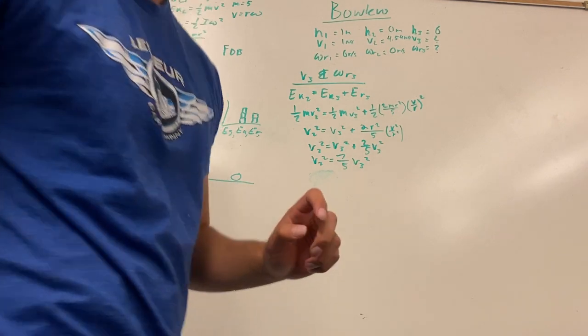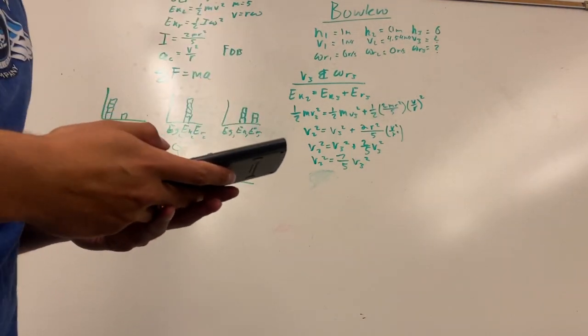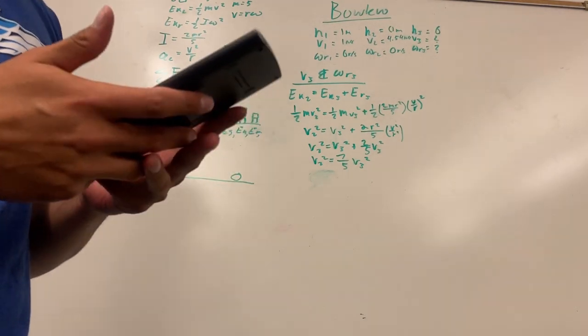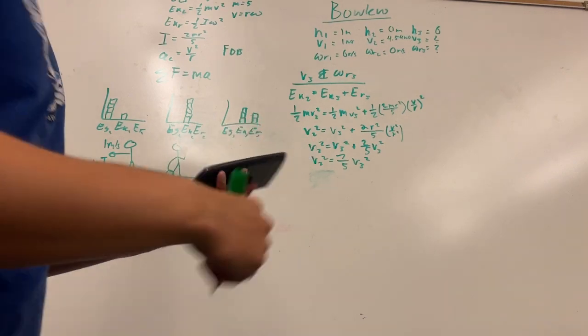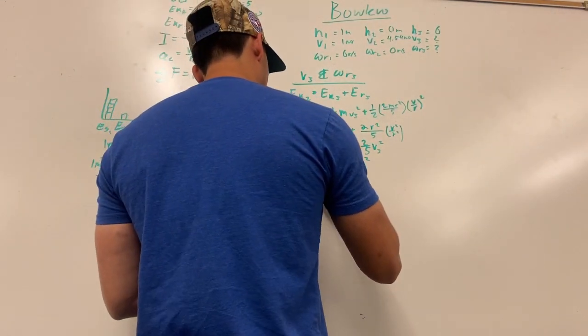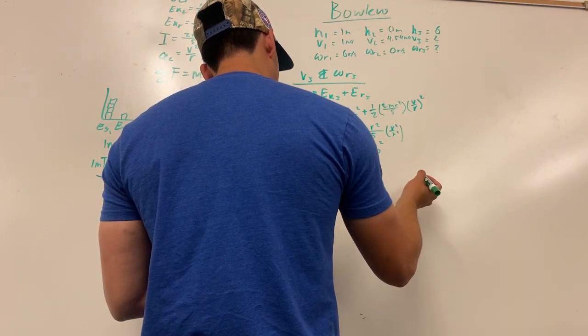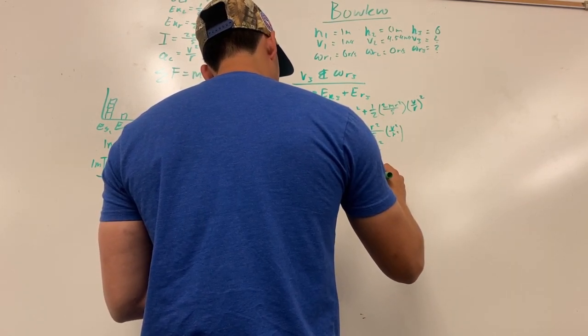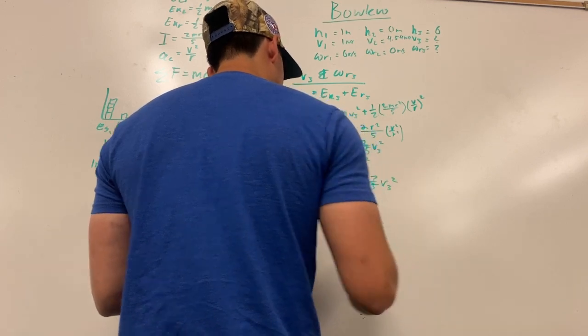We could just do that on a calculator. It's 4.54 actually. 4.54 squared is going to be 20.6116 equals 7/5 V3 squared.